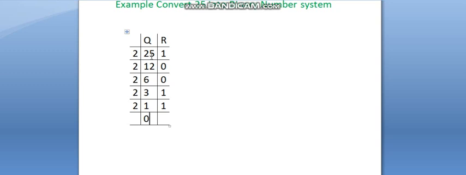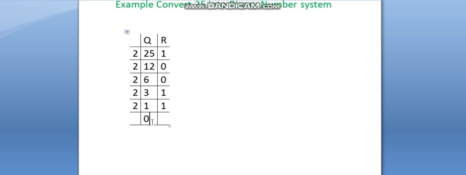The first time our quotient was your 25. जब आपने 25 को 2 से डिवाइड किया, because 25 is your odd number, तो रिमाइंडर क्या आया? 1. 12 is your even number, रिमाइंडर क्या आया? 0. 6 is your even number, रिमाइंडर क्या आया? 0. 3 is your odd number, रिमाइंडर क्या आया? 1. 1 is your odd number, रिमाइंडर क्या आया आपका? 1.